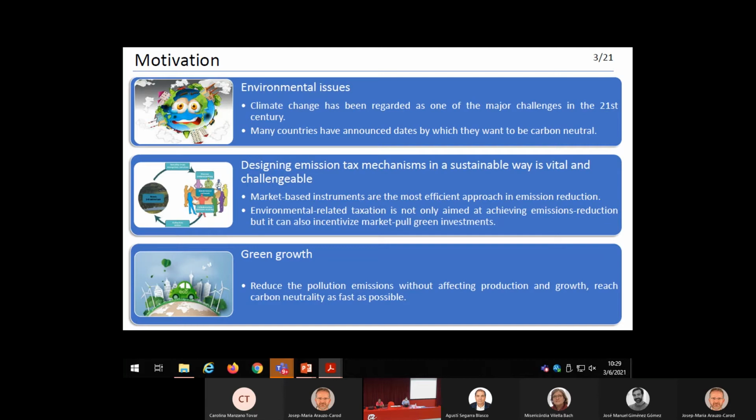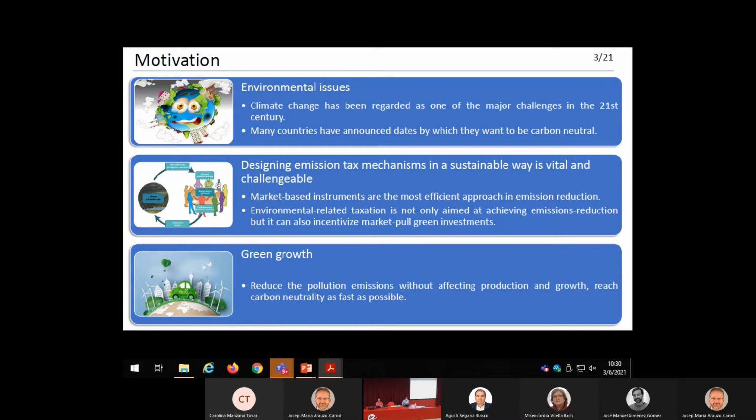Based on some environmental-related literature, market-based instruments are the most efficient approach to emission reduction. Among them, environmental taxation is not only aimed at achieving emission reduction, but it can also incentivize the market for green innovation and investment.